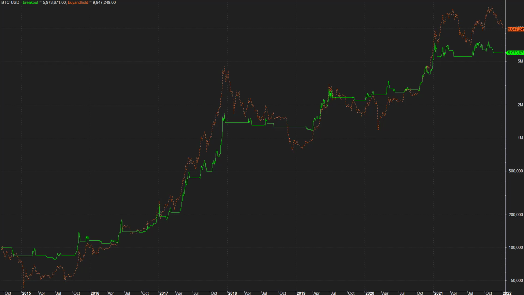And we can see that clearly in this area on my equity curves here. And like I said in the beginning, you can see that the equity curve of the system, which is the green line, goes pretty much sideways during this prolonged period of time here.